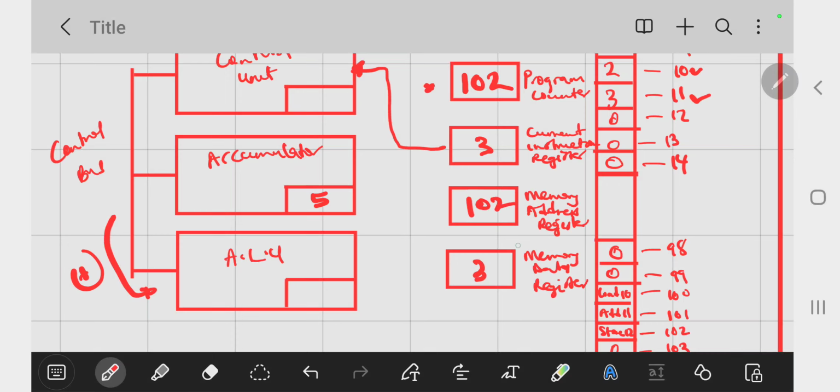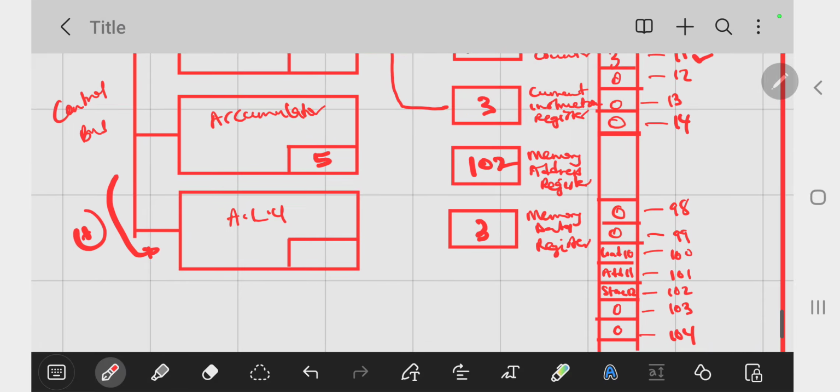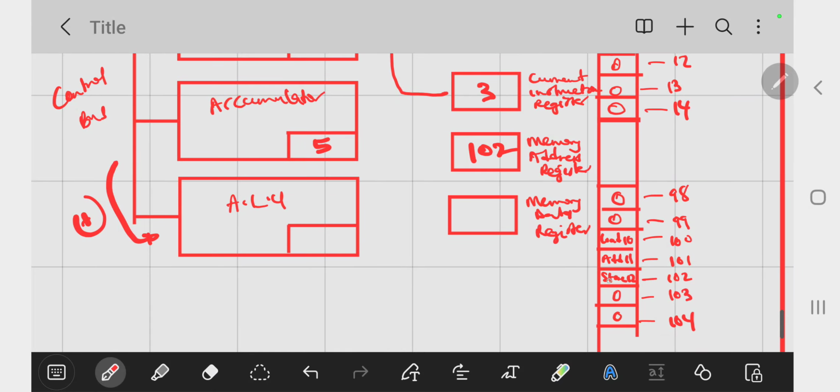Immediately that happens, the content of that memory address 102 is loaded into the memory data register. So in the memory data register, you are now going to have that instruction, which is store 12. Remember, down here, these numbers represent the addresses and not necessarily the specific numbers.